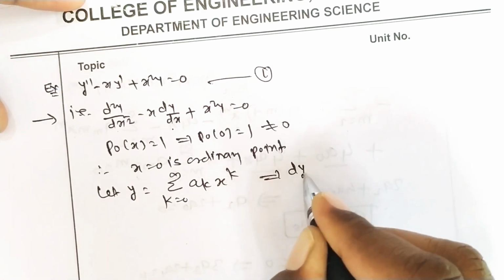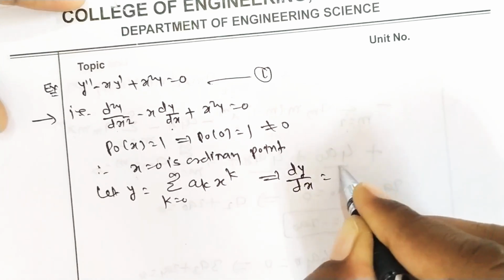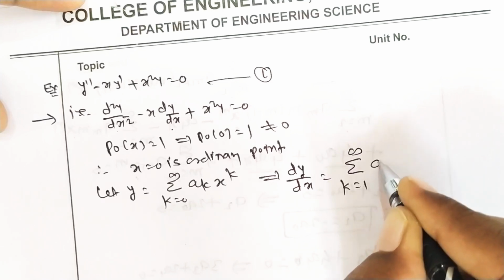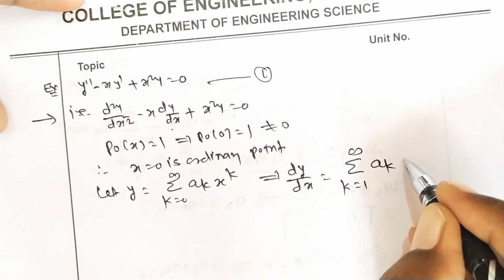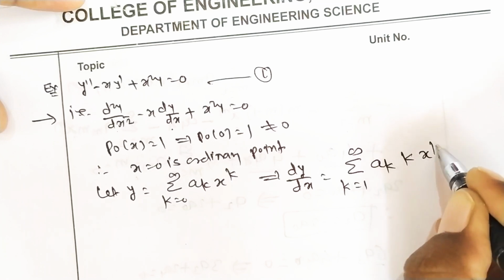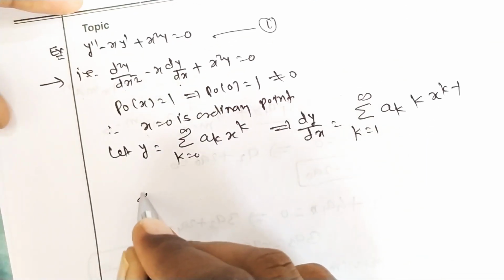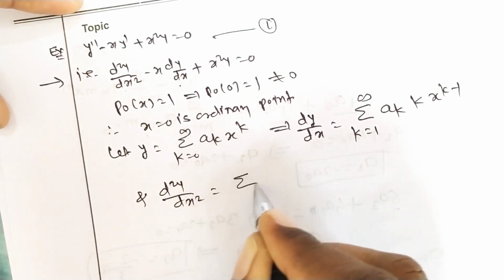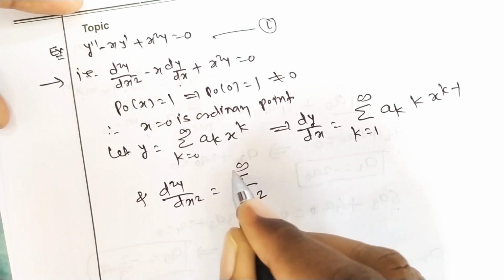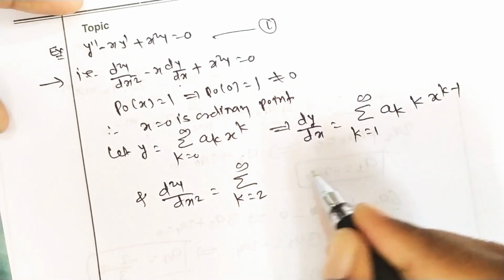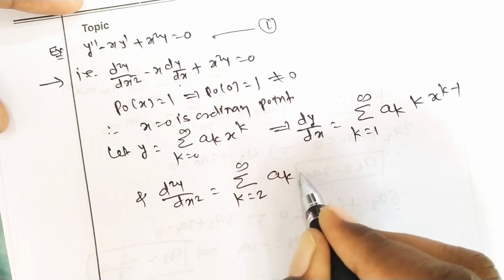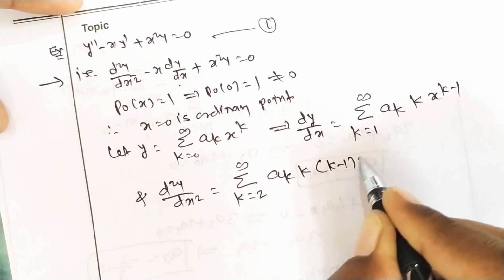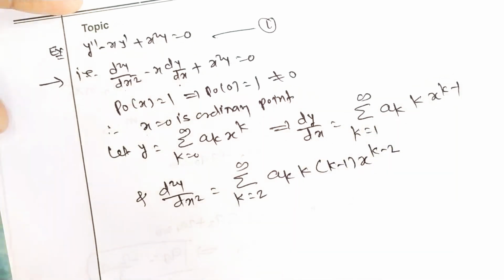Then dy/dx is equal to summation of k from 1 to infinity ak k x^(k−1), where ak is constant and the derivative of x^k is k x^(k−1). And next, d²y/dx² is equal to summation of k from 2 to infinity ak k (k−1) x^(k−2), where ak and k are constants and the derivative of x^(k−1) is (k−1) x^(k−2).